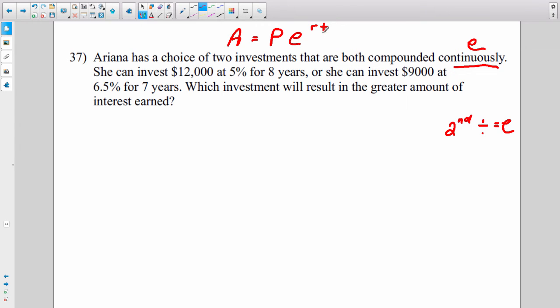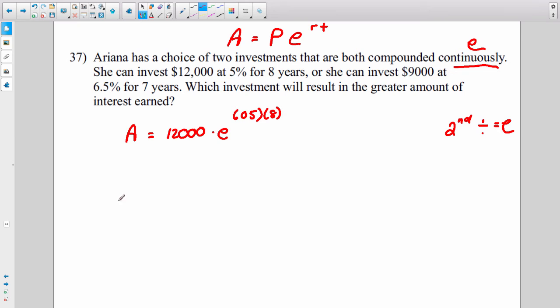So Ariana has a choice of 2 investments. They're both compounded continuously. She can put 12 grand in at a rate of 5%, which is 0.05, for 8 years.